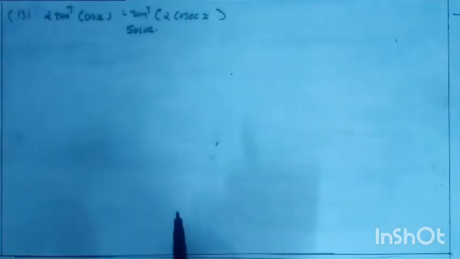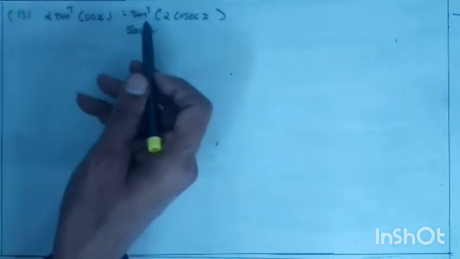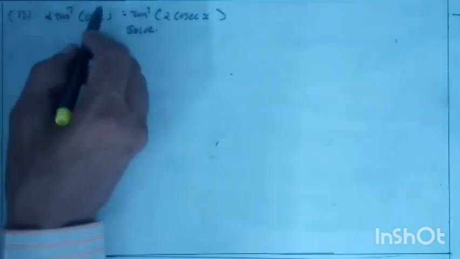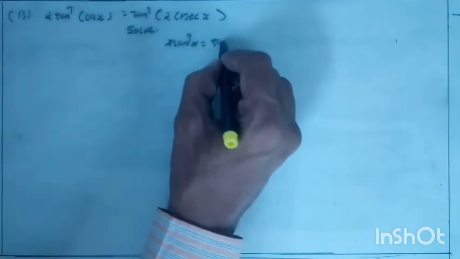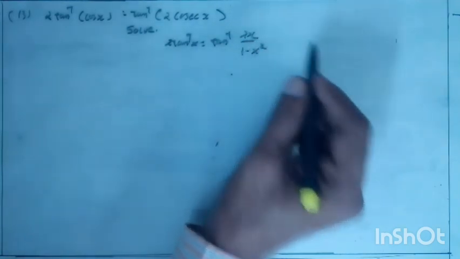Now here we solve question number 13. 2 tan inverse cos x is equal to tan inverse 2 cosec x. Solve, that means we get the value of x. Here we apply 2 tan inverse x is equal to tan inverse 2x upon 1 minus x square.